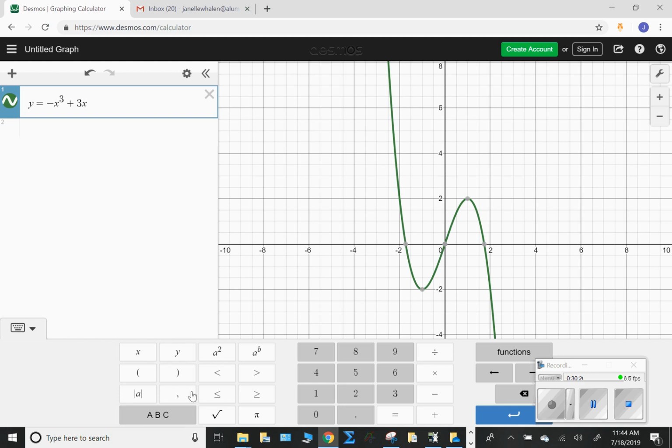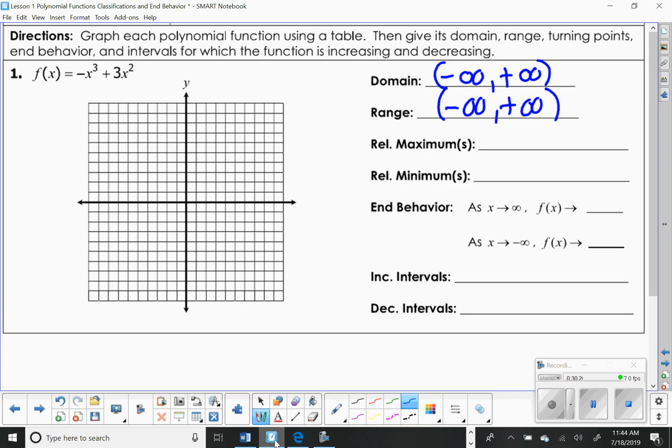Oops, that's not it. That can't be it. What did I just do? Negative x cubed plus 3x squared.